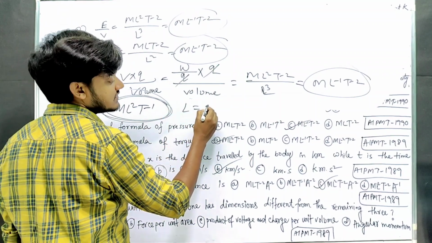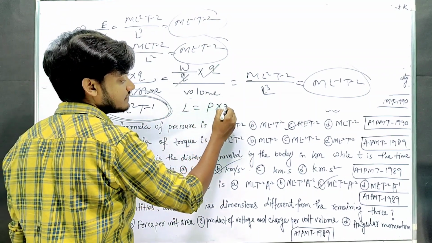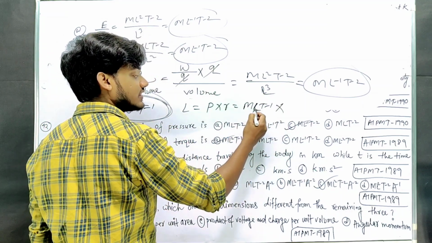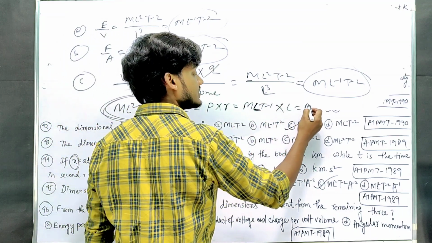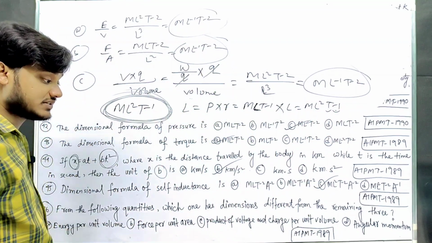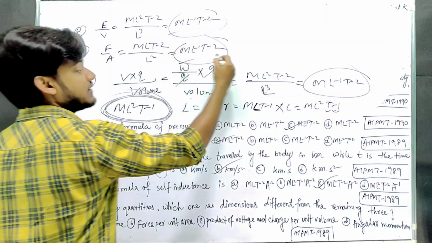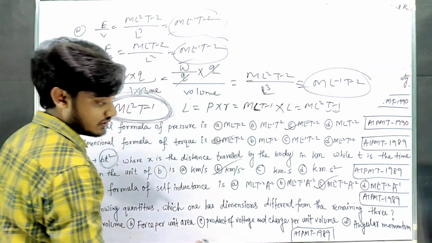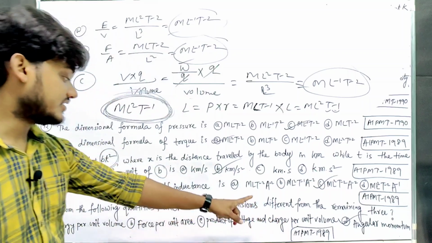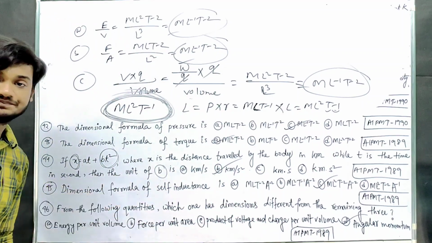Angular momentum equals linear momentum into radius; linear momentum is MLT⁻¹ (mass into velocity), and radius is L, so ML²T⁻¹. This is the angular momentum dimension. So these three are the same, this is different, so the answer is option D. Angular momentum has a different dimension from the other three.